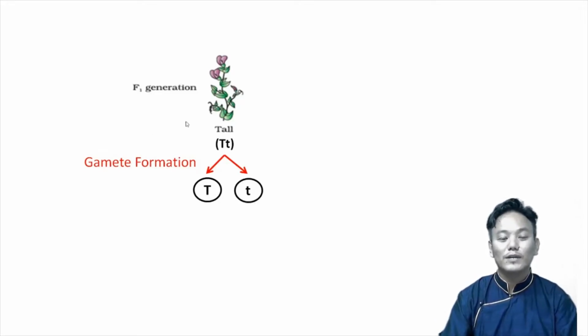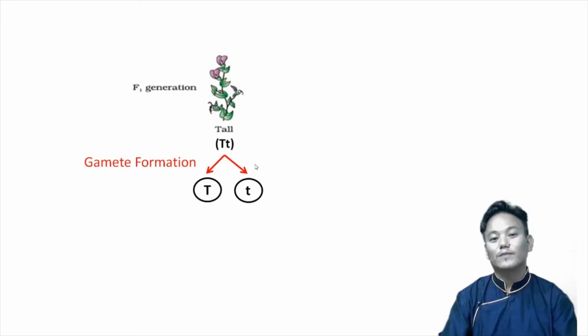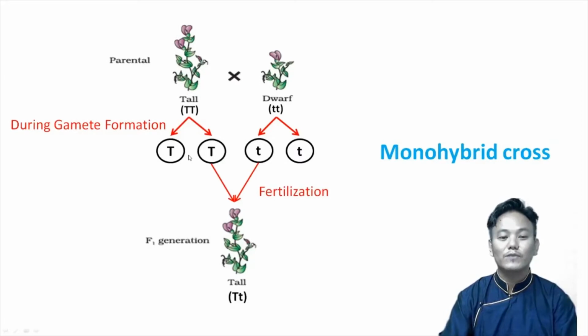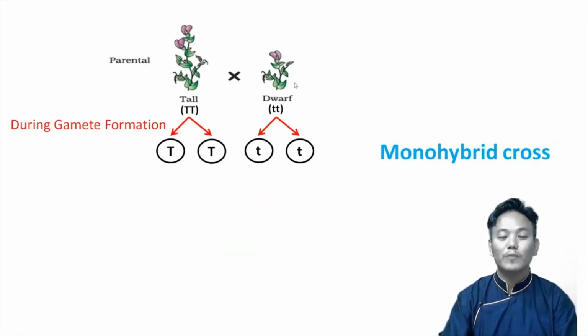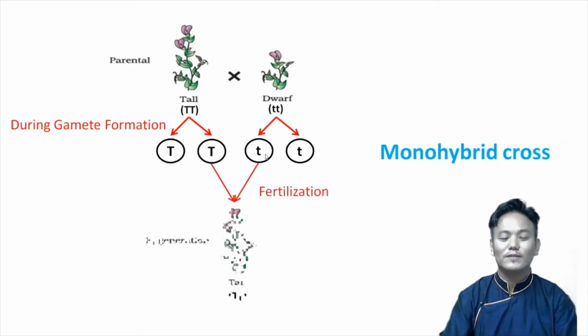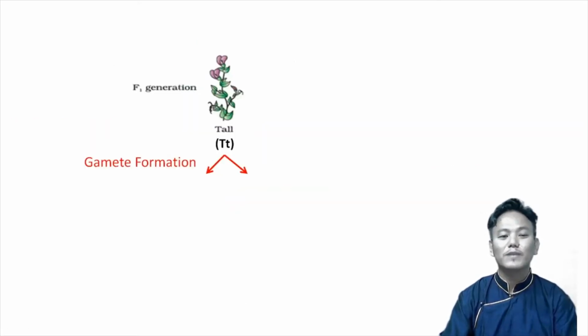So two different types of gametes are produced, whereas in the previous case, the two parents, since they are homozygous, produce only one type of gamete. All the gametes produced by the tall plant will carry capital T, and all the gametes produced by the dwarf plant will carry small t. So that is a simple explanation of the law of segregation.